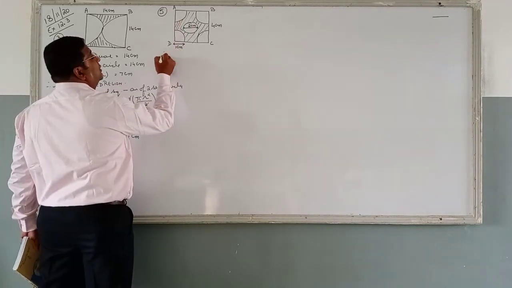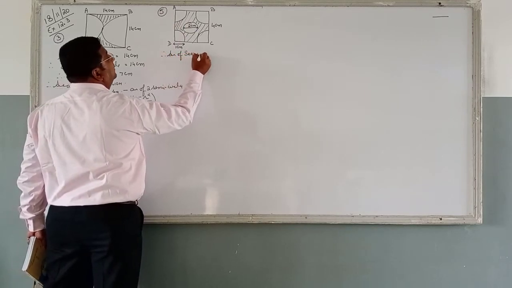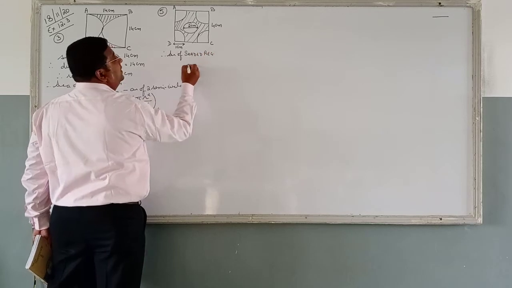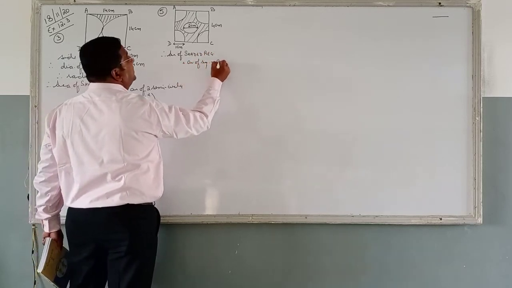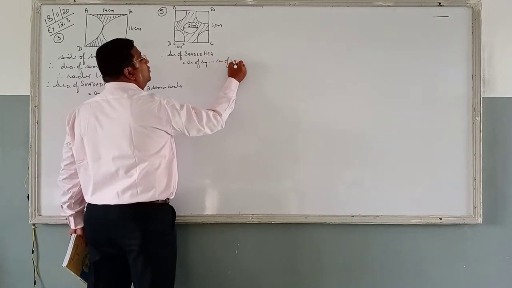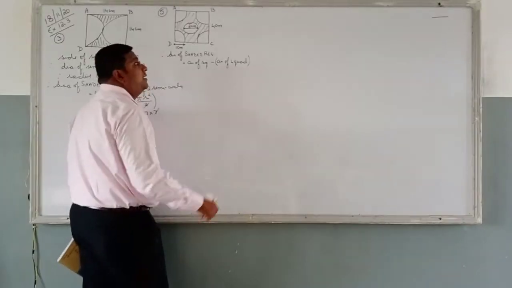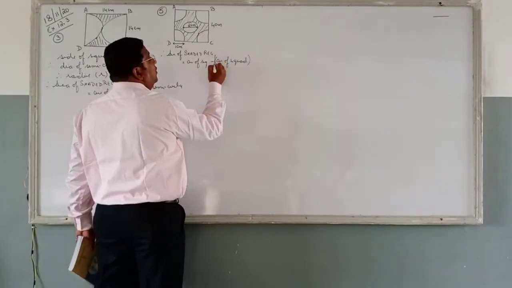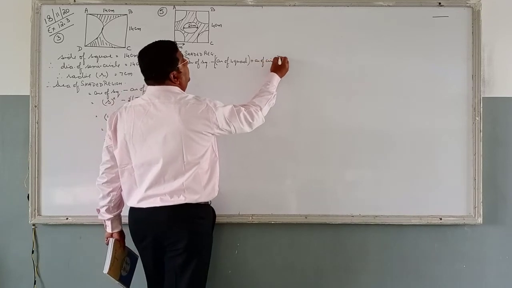So again, area of the shaded region is area of square minus area of 4 quadrants, isn't it? And area of circle.